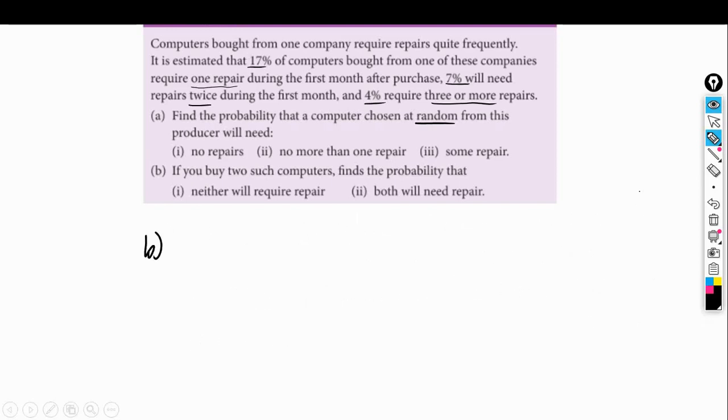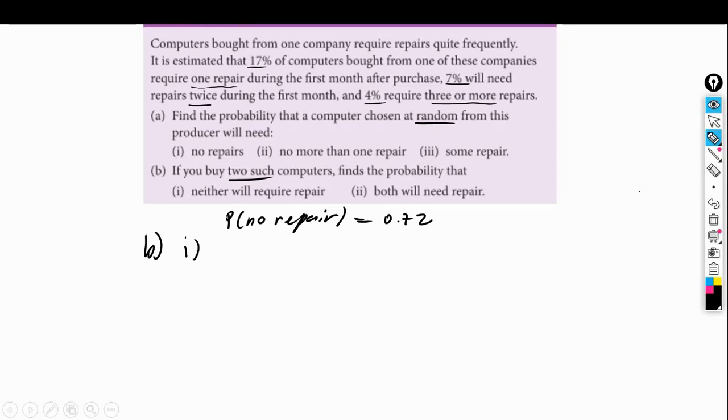For part B, it says if you buy 2 such computers, find the probability that, 1, neither will require repair. Remember that we found that the probability of no repair is 0.72. Now, notice that repairs on the 2 computers are independent from one another, so the multiplication rule can be used.